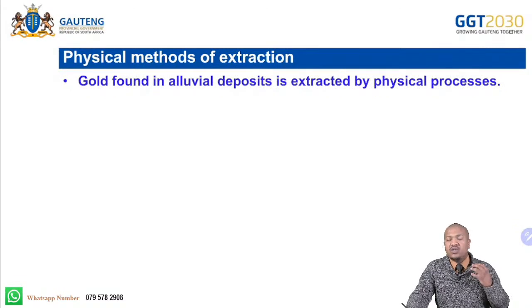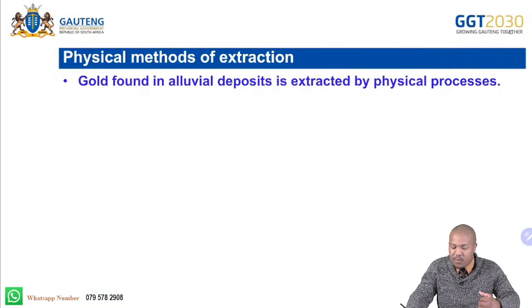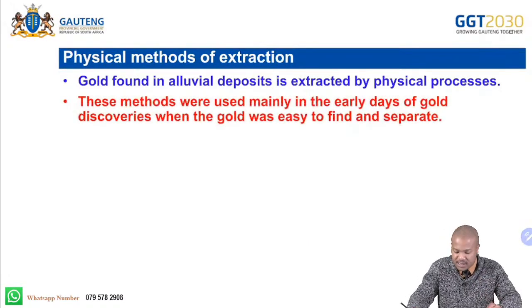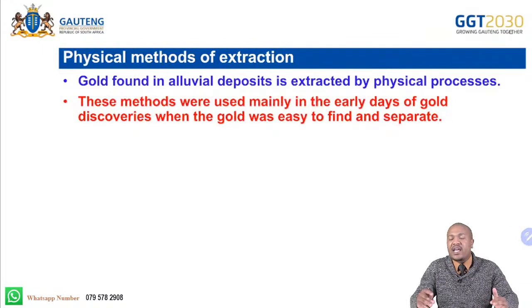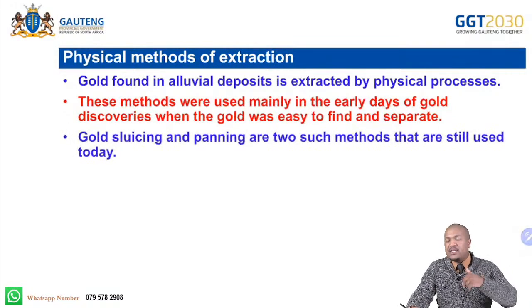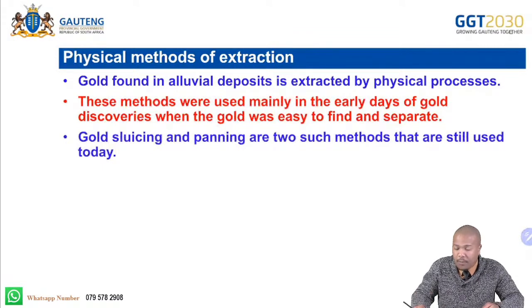Gold is found in alluvial deposits and it is extracted by physical processes. These methods were used mainly in the early days of gold discoveries and they are still used even today. It is one of the easiest ways to separate the gold from its ore.